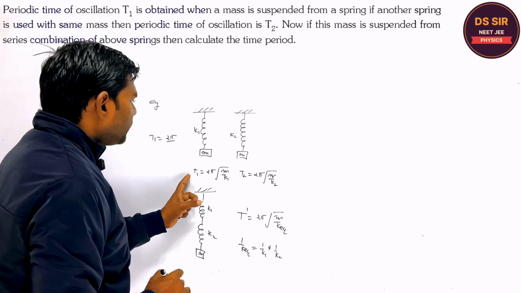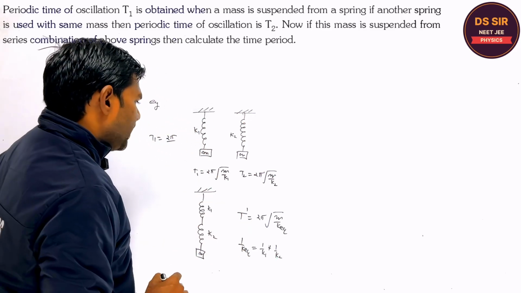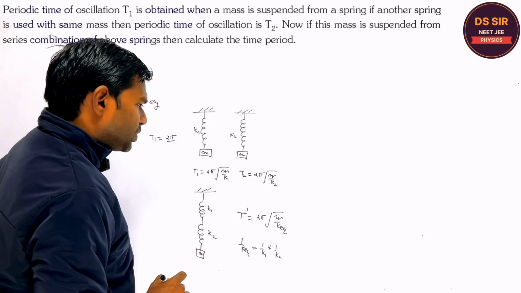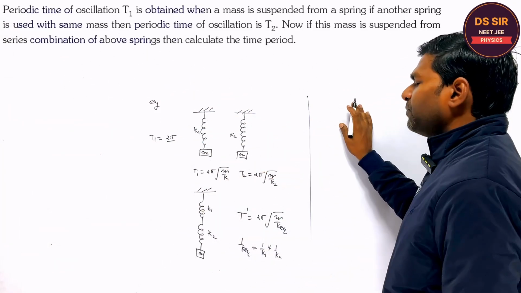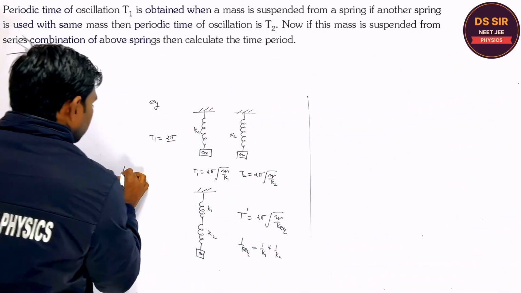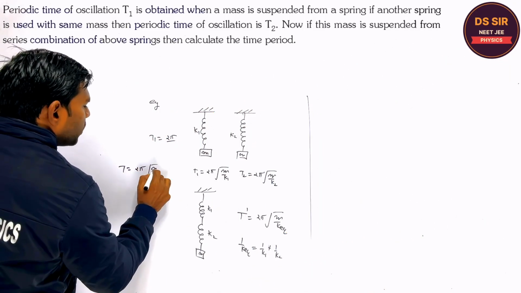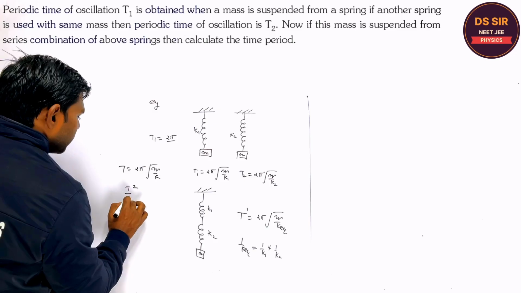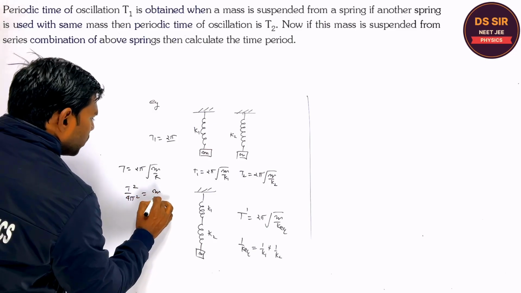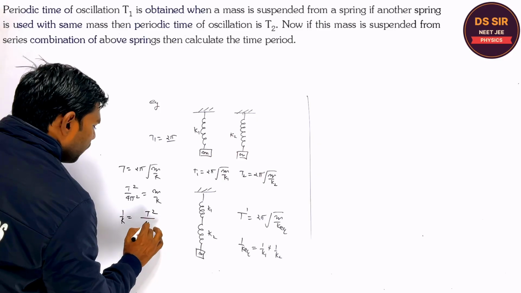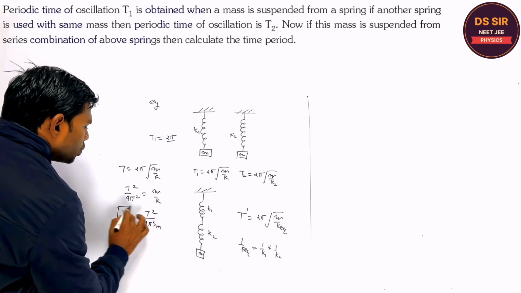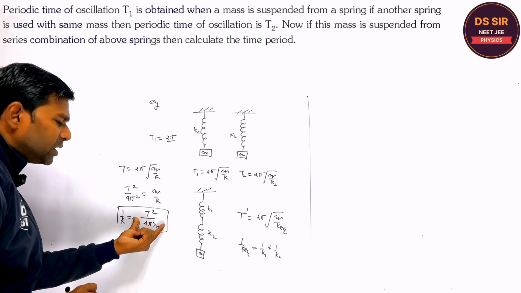So in terms of T1 and T2, we have to find the relation, right? From here, if you consider T is equal to 2 pi root M upon K, make the square, right, M upon K. So what is the 1 upon K? Tell me. T square upon 4 pi square M. So the 1 by K value is this.